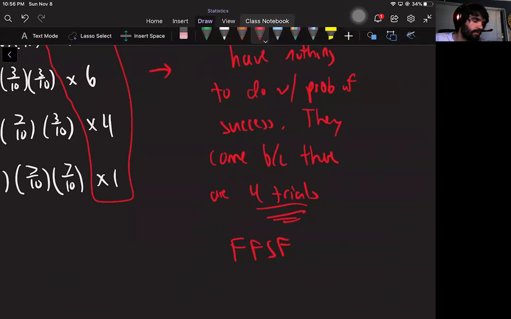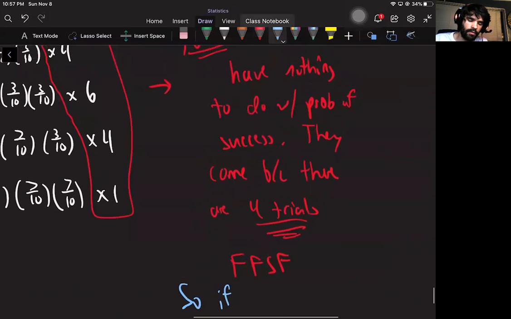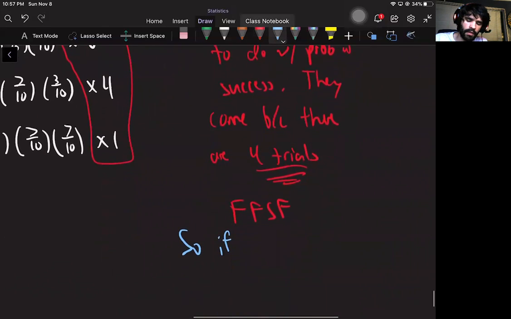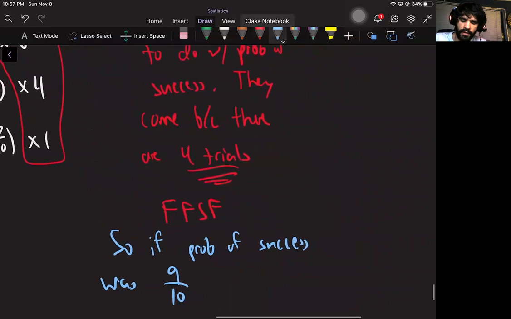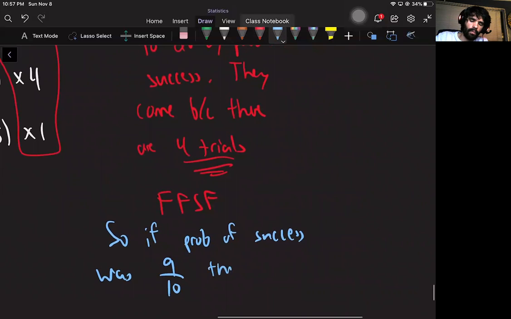So what that means is, if I change the probability of success to something else, these 1, 4, 6, 4, 1 would stay the same. So for example, if someone better than me took the free throws and was 9 out of 10, then the binomial distribution, you could fix it very easily.